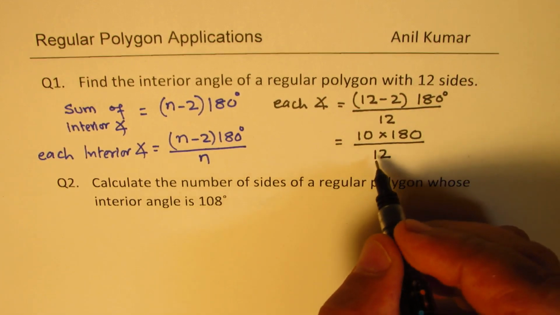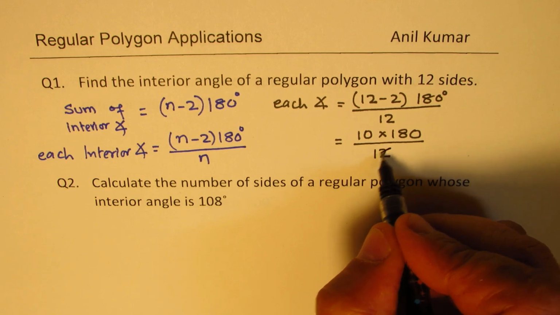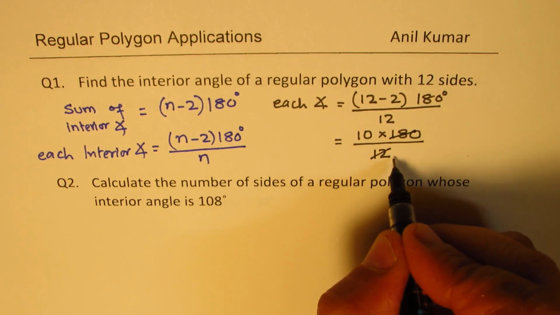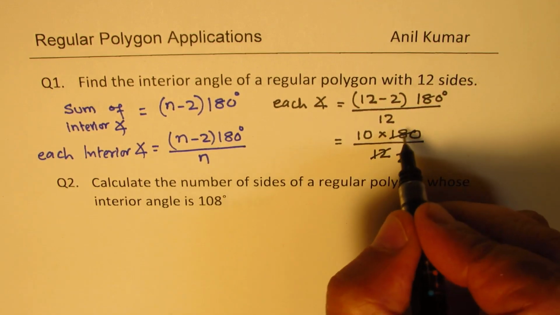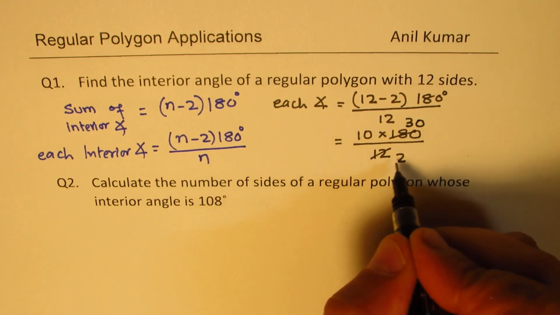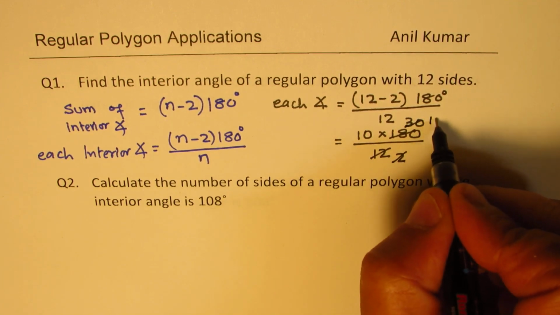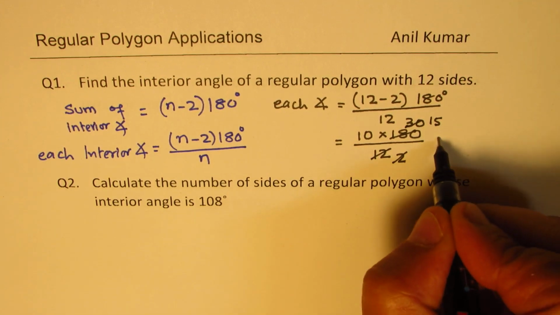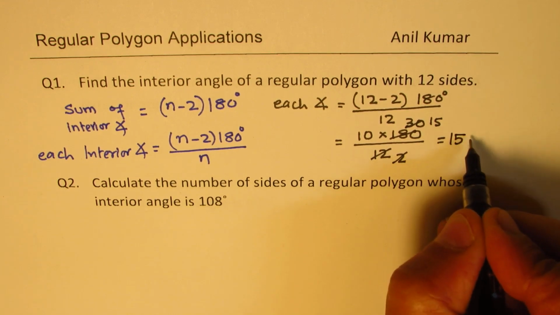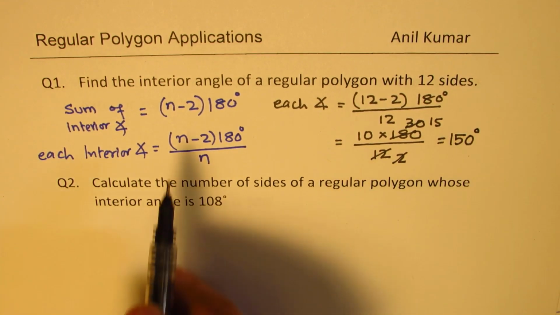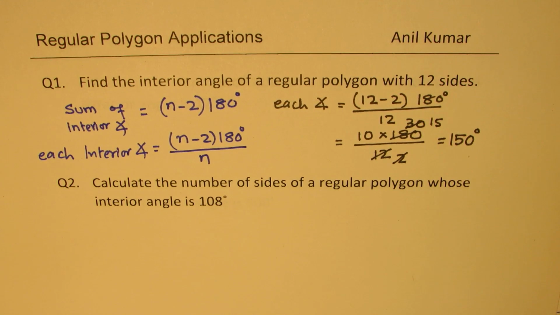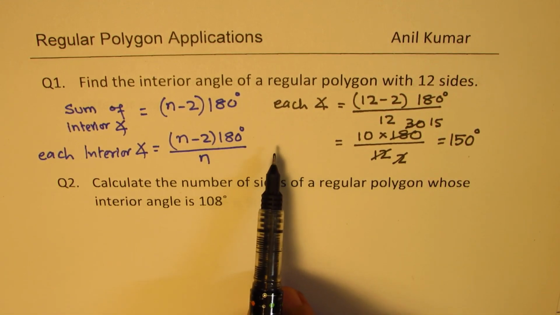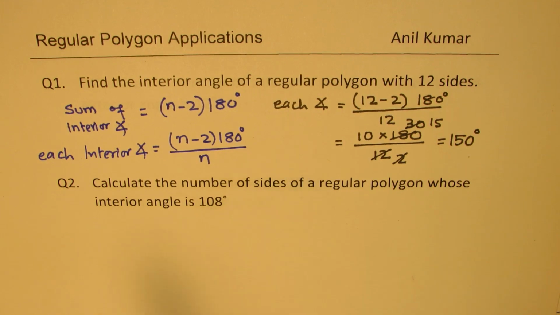So you could divide by 12. 6 times 2, 6 times 30, and that goes 15, right? Half of 30. And so we get our answer as 150 degrees. So using this formula, we get 150 degrees, correct? I'll also talk about a shortcut method later.